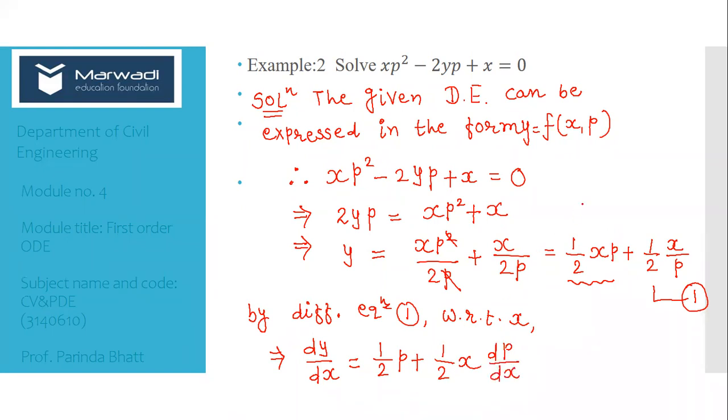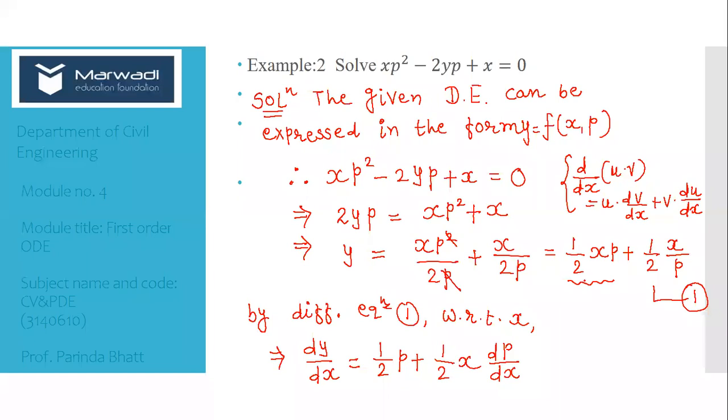This is the uv rule that we apply over here: d by dx of u times v is u into dv by dx plus v into du by dx. The multiplication rule for differentiation.